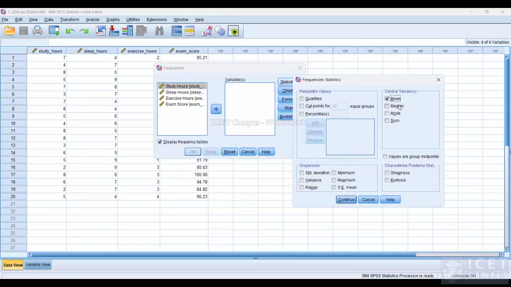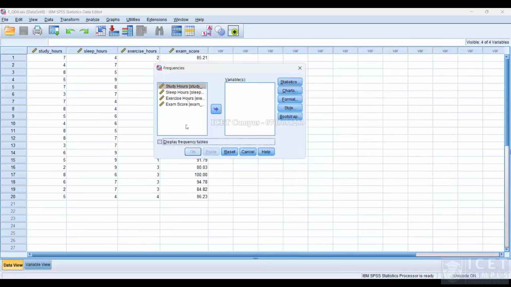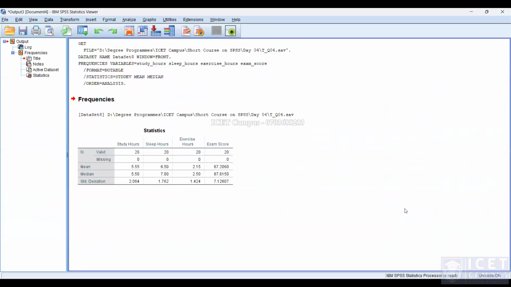We need to find these for all four variables: sleep hours, study hours, and the rest.